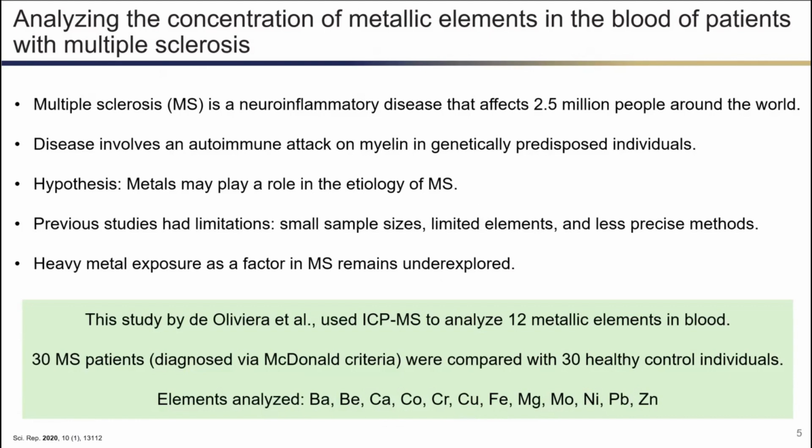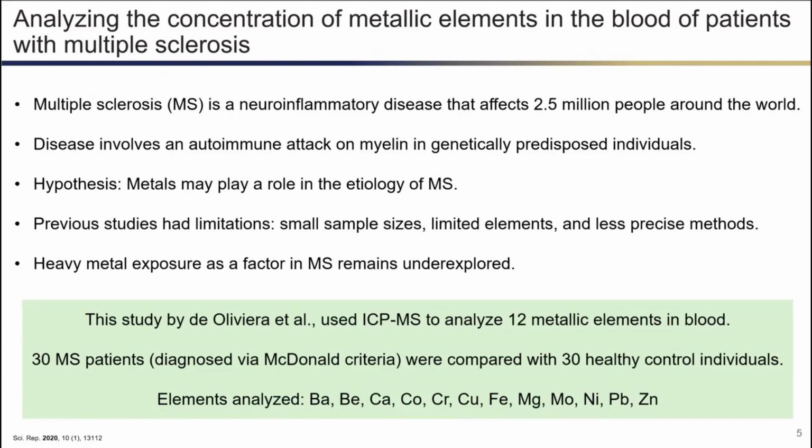Previous studies were also conducted to assess whether metals can play a role in the etiology of multiple sclerosis, but they had limitations like small sample sizes, limited elements, and less precise methods. So, in this study, the researchers used 12 metallic elements to analyze whether there was a link between heavy metal exposure and multiple sclerosis.